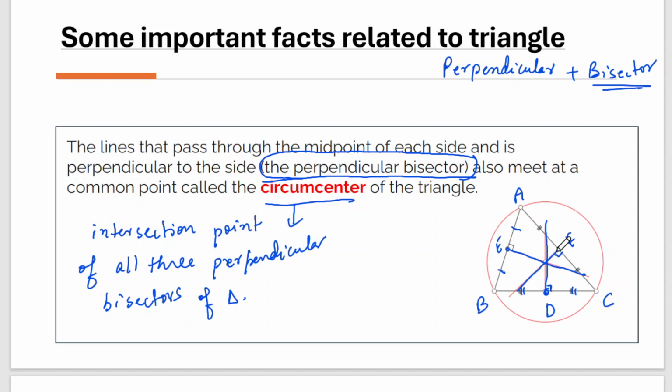Now you can see all these three perpendicular bisectors are meeting at one common point, and that is called your circumcenter. So circumcenter is nothing but the intersection point of all the three perpendicular bisectors. Remember these two words of triangle.